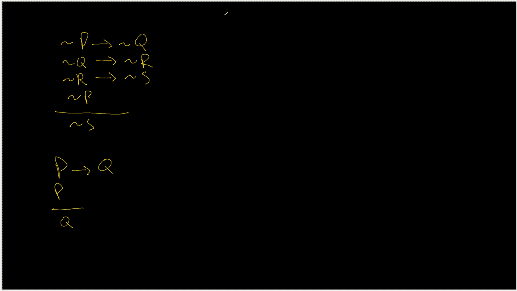Well, we start with writing down the premises on separate lines. So if not P, then not Q. This is an assumption in our argument. On the second line, we write if not Q, then not R. It's a second assumption in our argument. And then for the third line, we write if not R, then not S. It's another assumption.